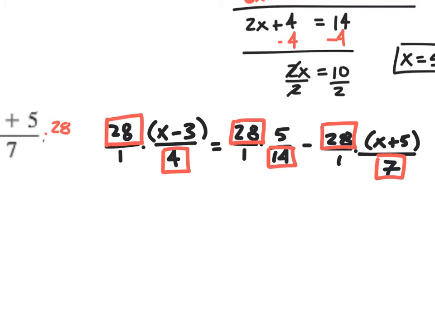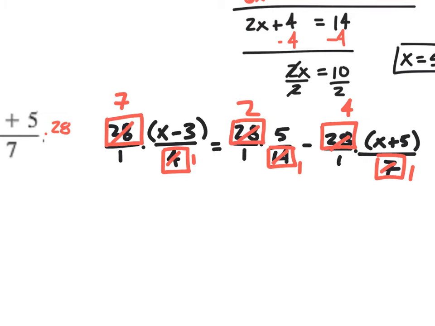I'm going to take 28 divided by 4, and that's going to divide out to 7 over 1. If I take 28 divided by 14, that's going to be 2 over 1. If I take 28 over 7, that's going to be 4 over 1. Now, the reason why I did this is because all my denominators divide out to 1. That's why I multiply by the common denominator.